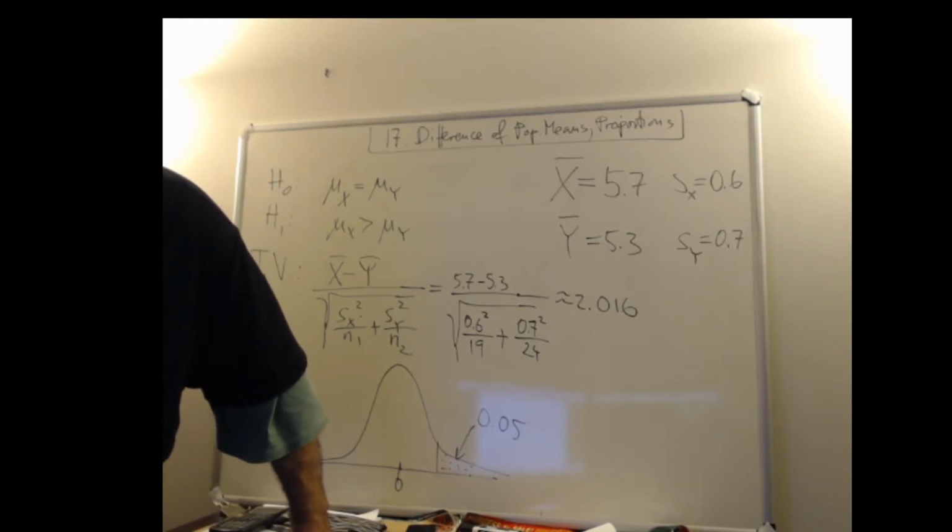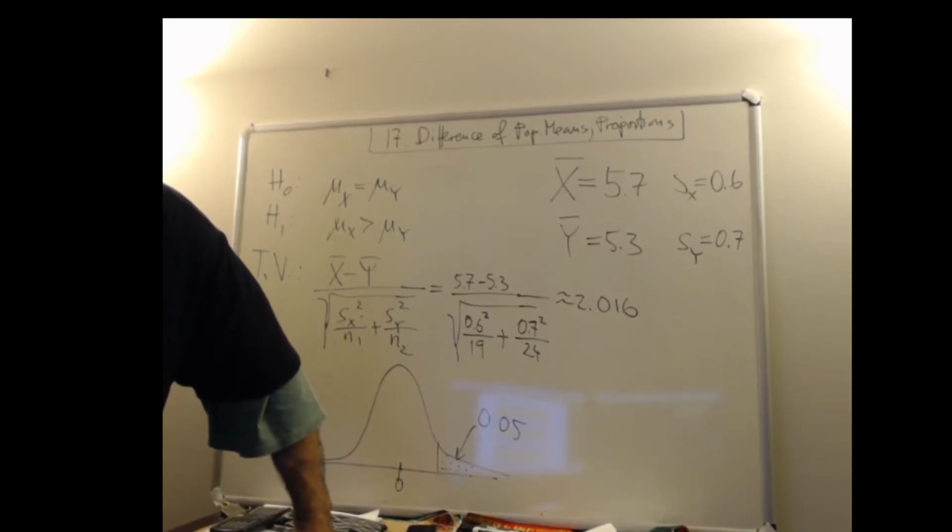And then, of course, you have to open the T tables. In the T tables, I am looking for the probability in one tail, right tail, 5%, 18 degrees of freedom.